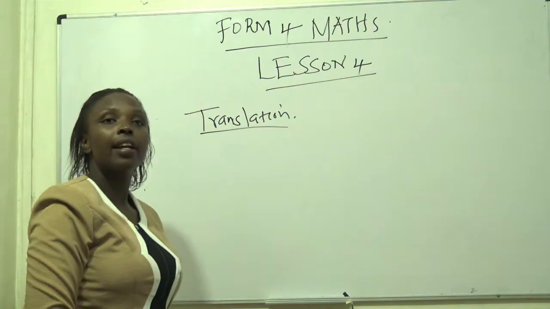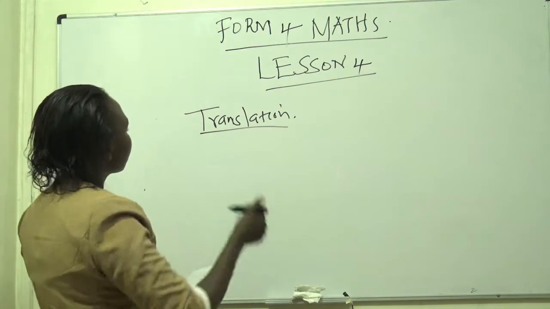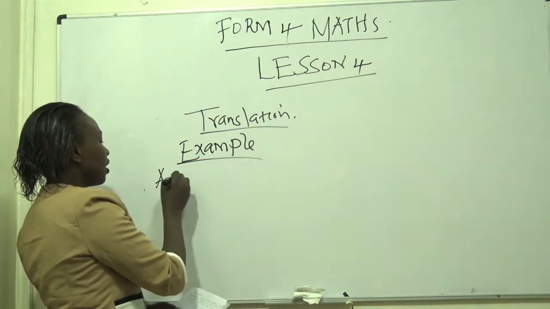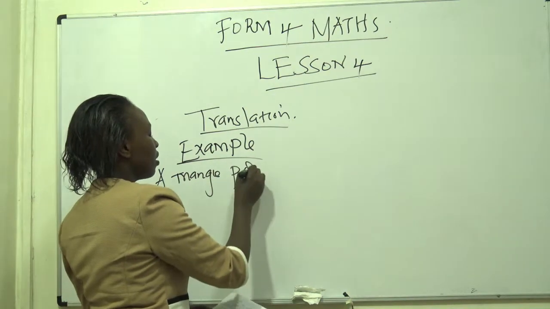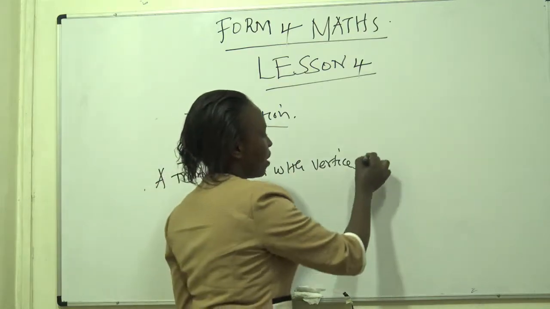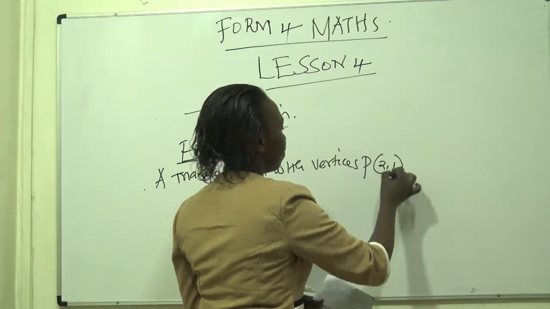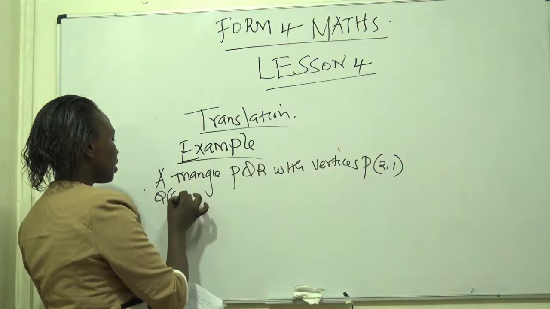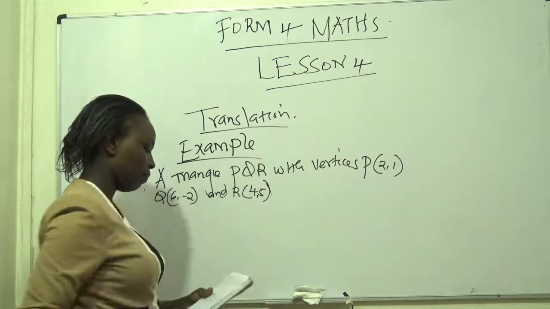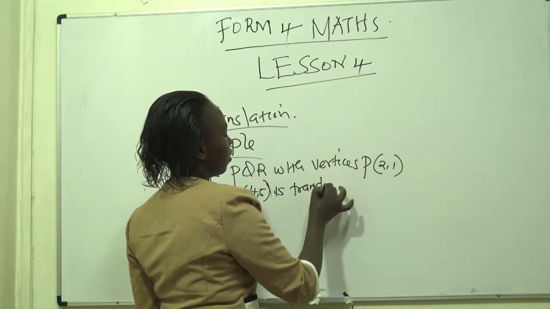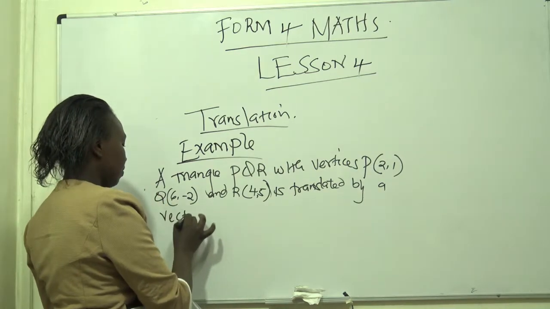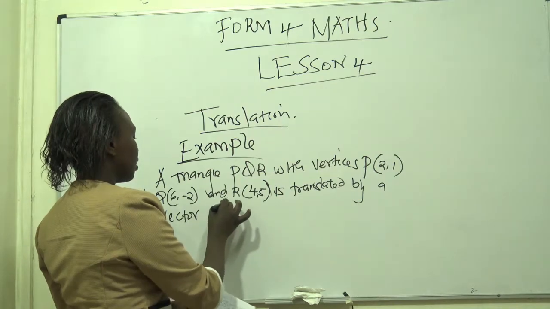Let's now look at an example and work it out. Our example says that a triangle PQR with vertices P at 2, 1, Q at point 6, negative 2, and R at point 4, 5, is translated by a vector negative 6, 1.